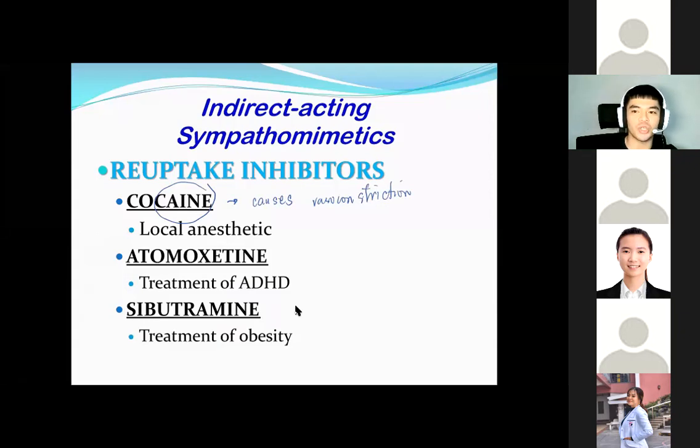Okay, so distinct yun kay cocaine. And then atomoxetine is also used for ADHD, and sibutramine is being used for obesity. Why? Because just like phenmetrazine earlier, sibutramine is an anorexic agent. So these are reuptake inhibitors.